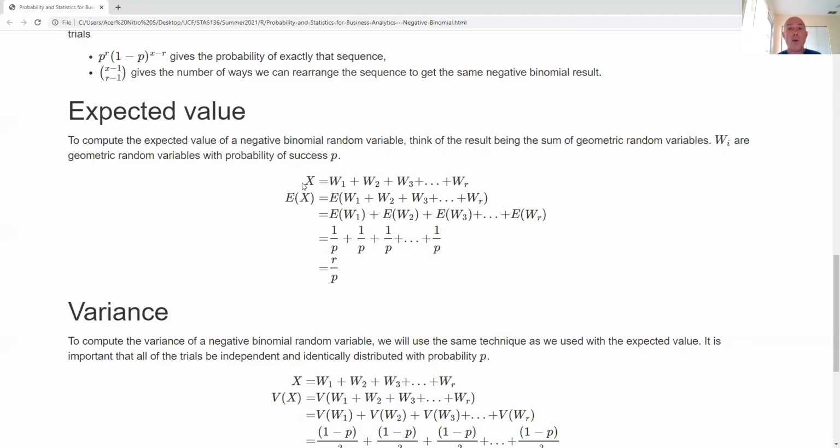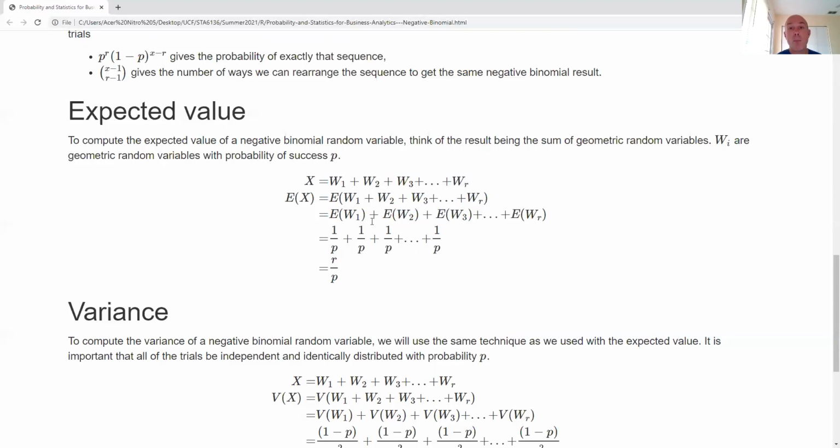Once I do this, one thing that's very nice is that since it's addition, expected values come out very nicely, because expected values come from integration, and if I have the sum of terms being integrated, I can break that into a sum of integrations. So when I take the expected value of both sides of the equation, the expected value of the sum is the sum of the expected values.